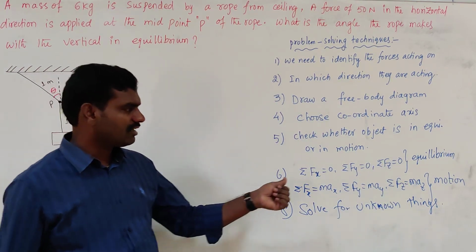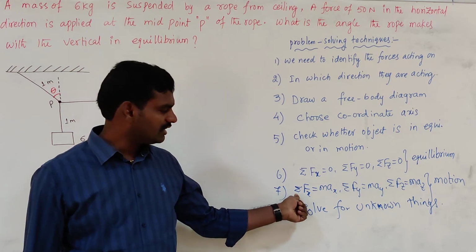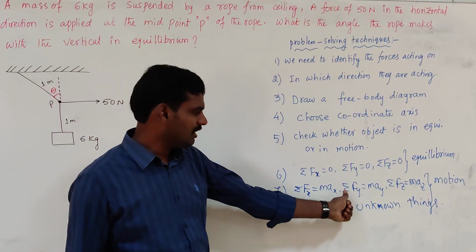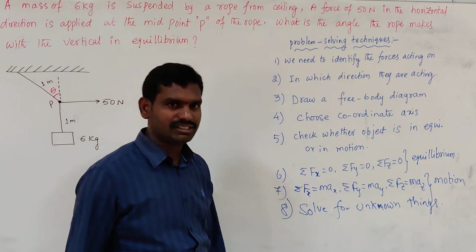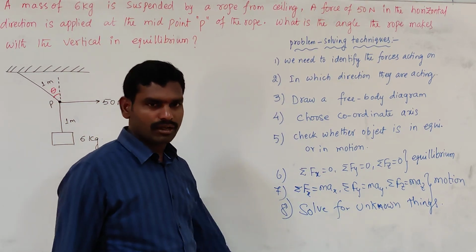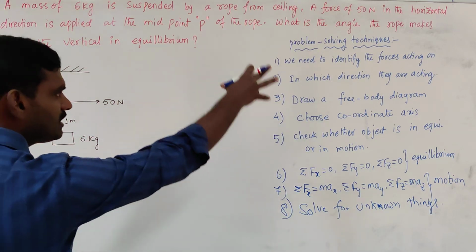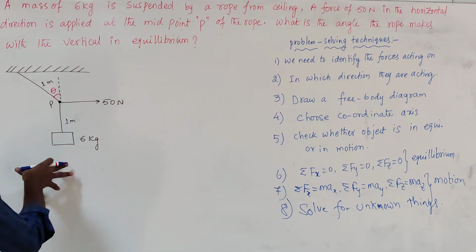If the object is under motion, we need to apply Newton's second law of motion, that is sigma fx equal to max, sigma fy equal to may, and sigma fz equal to maz, and solve for unknown things finally. Okay, so we apply the same conditions, same problem solving techniques in this problem.